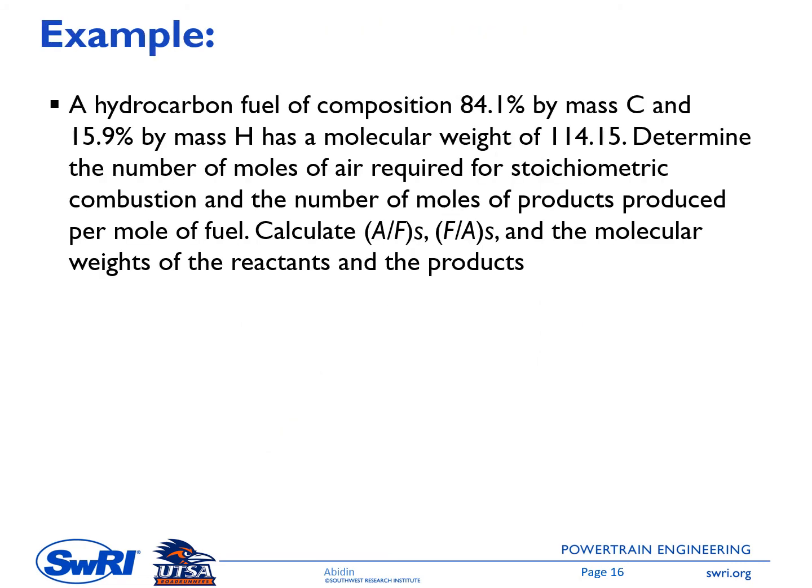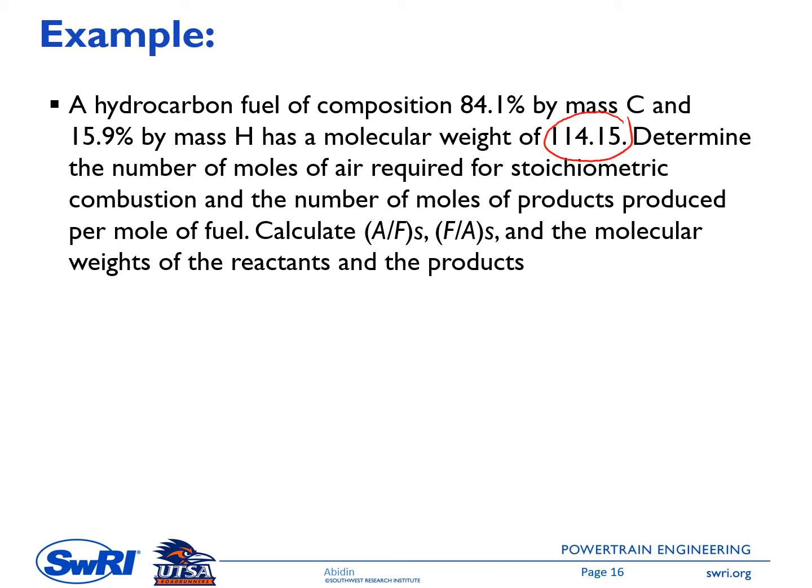Let's take a look at this example. In this case, we have a hydrocarbon fuel of composition 84.1% by mass C and 15.9% by mass H, with a molecular weight of 114.15. So this is the molecular weight of the fuel.